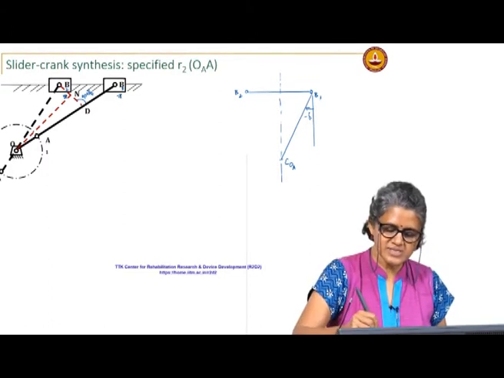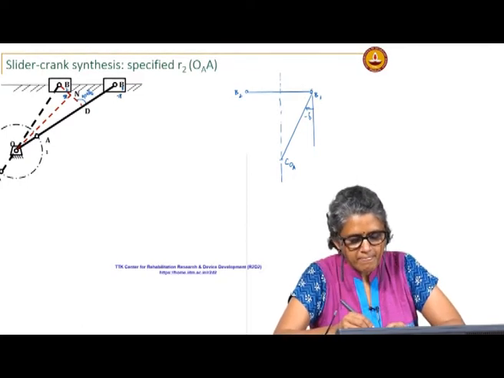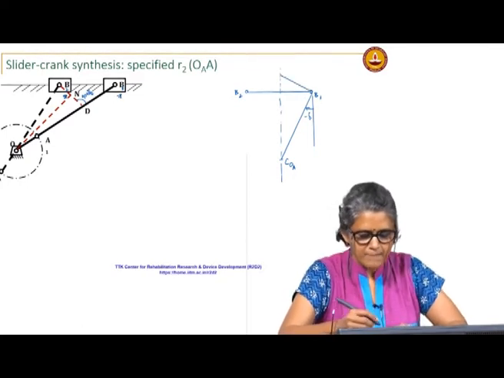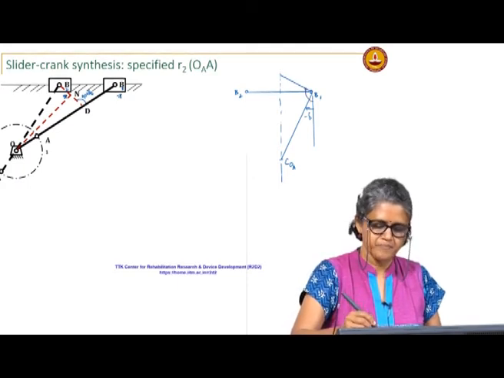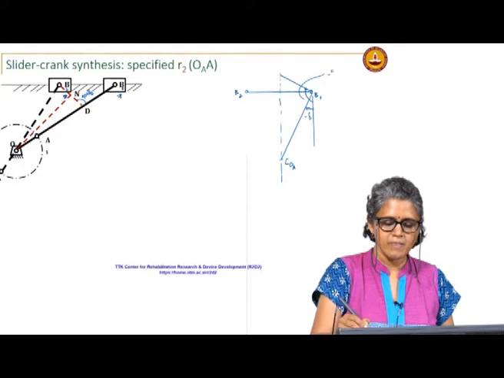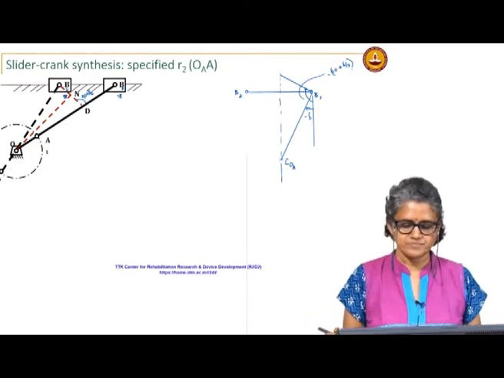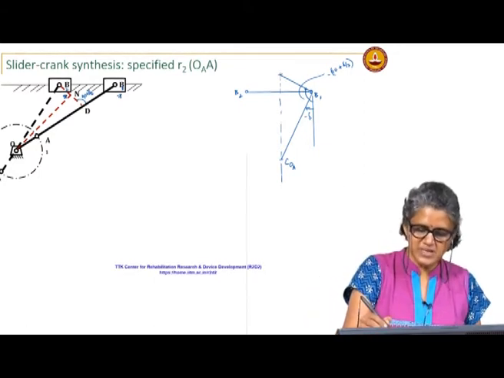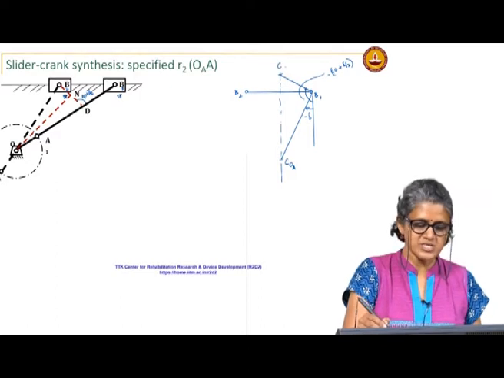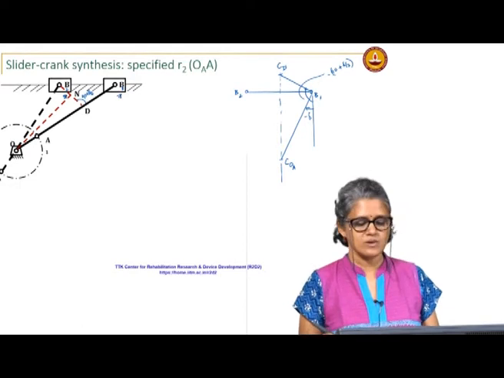So I take this angle, that is equal to 90 plus delta by 2. I construct it there. So this gives me the center of the circle on which point D lies.